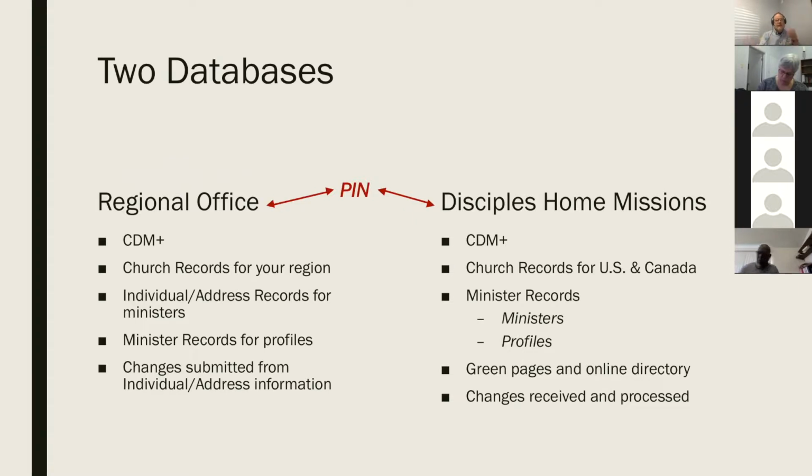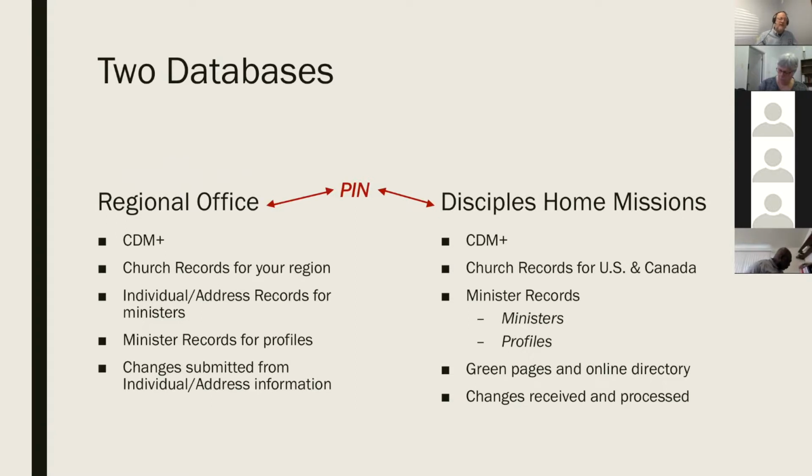That's different then, and sometimes we talk past each other, I've noticed, because in the regional database, I have a membership program, and that's where I have individual and address records that I use to keep track of my ministers. So if I have a minister in my region, I have an individual record for them that's connected to an address record. If I have profile information, well, that's over in the search and call part of the program on what the regional version of the program calls a minister record.